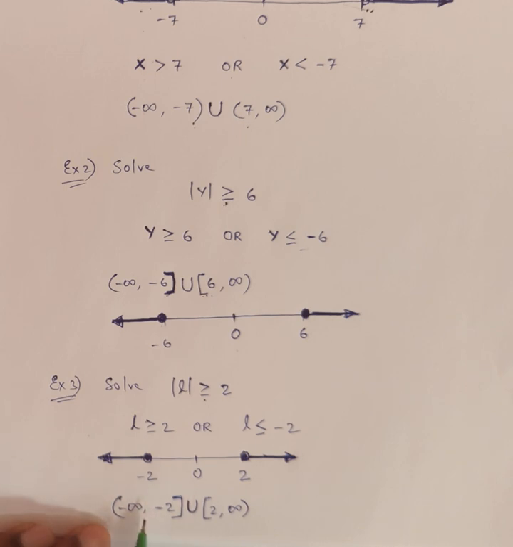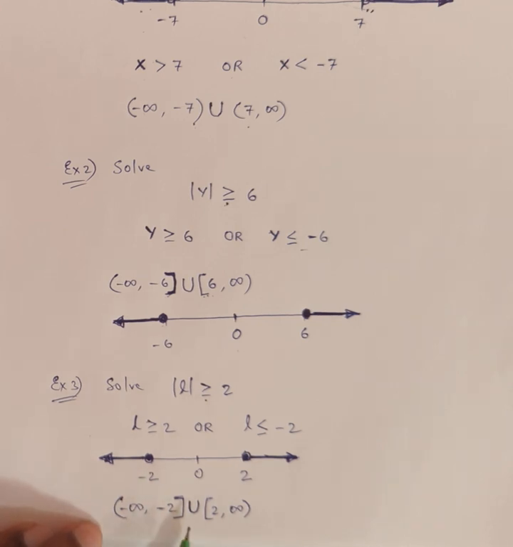Now, at negative infinity and positive infinity, we always leave parentheses. It's never going to be brackets at infinities. The bracket means that we have to include these numbers as well in the solution. And infinity is not a number, so that's why we just use parentheses at infinities. So keep that in mind.